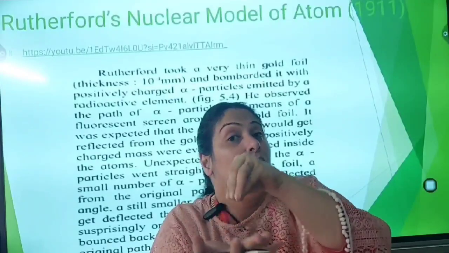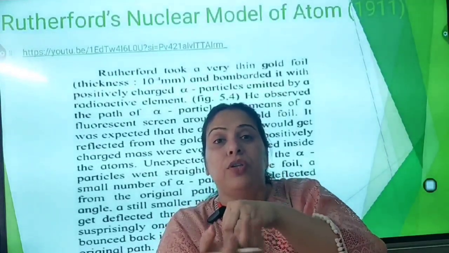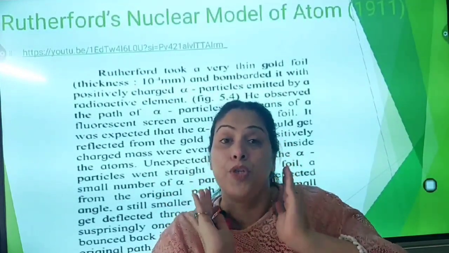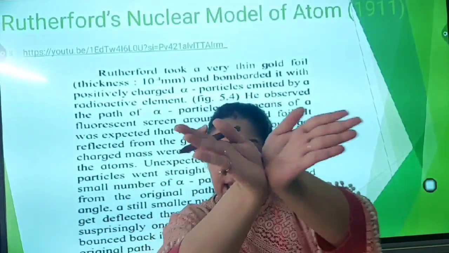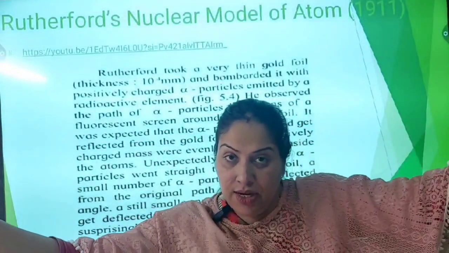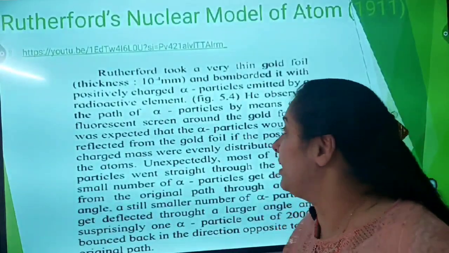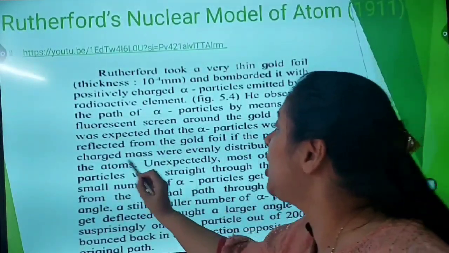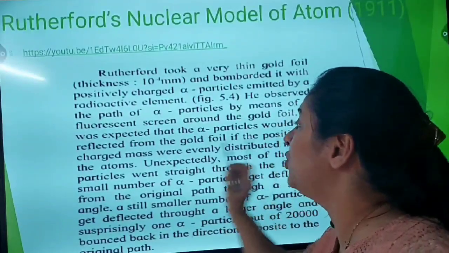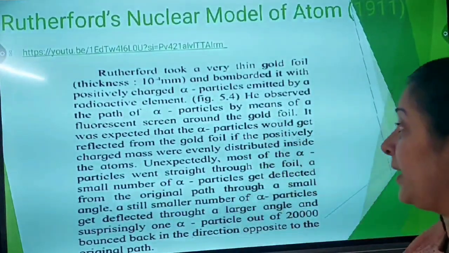And so Rutherford thought that these positively charged particles will go there and they will reflect, they will deviate, all of them, from the gold foil if the positively charged mass were evenly distributed inside the atoms.